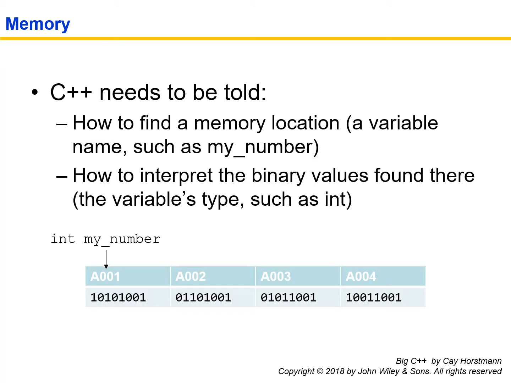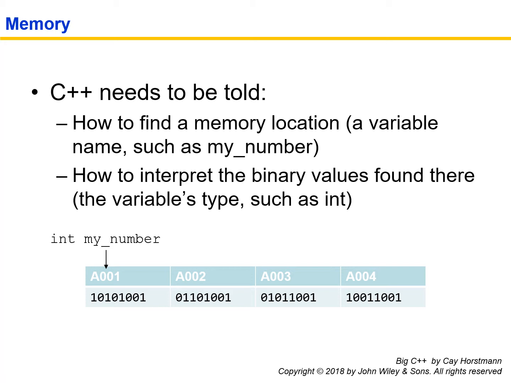So the integer type variable myNumber, declared in C++ as int myNumber, points to the very first of these 4 memory boxes, but it actually owns all 4 of those memory boxes put together in some sort of way. When you declare a variable, C++ needs to know how to find the memory location.